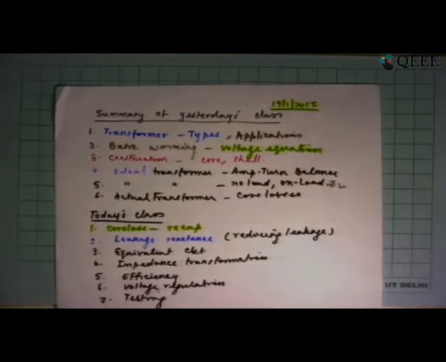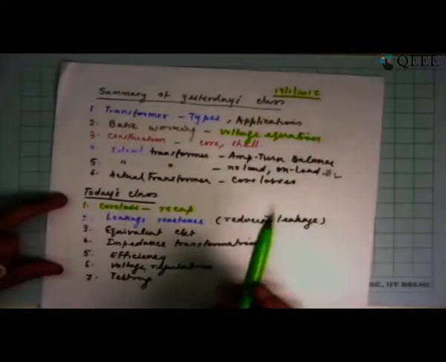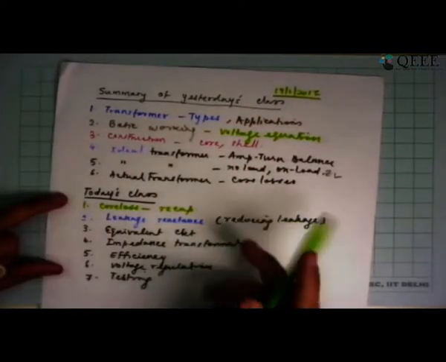That also we took a look. Then we had taken a look at the actual transformer, specifically with respect to the no load condition, which is core losses. So let us go back to what we discussed in terms of core losses.